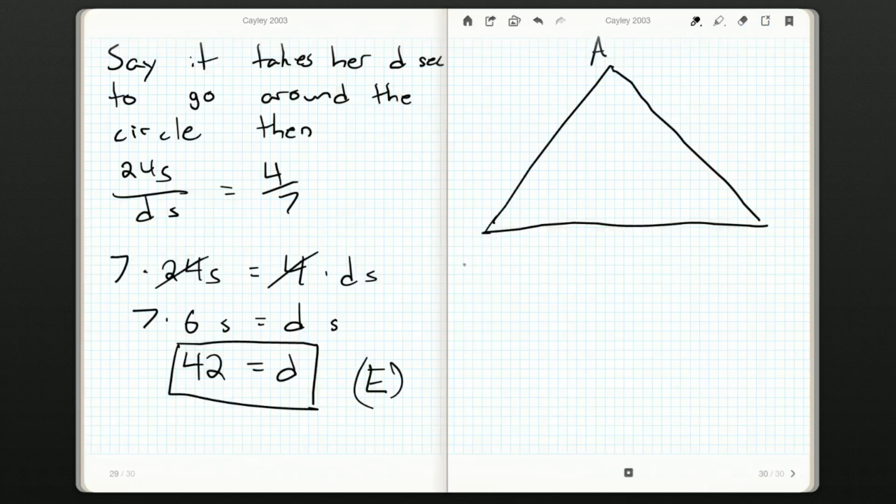So we have A up here, we have BC, and I know that that is 30. And then we have this square in here, which on mine looks a little more like a rectangle, but as long as the picture makes sense to you and you understand what's going on, that's fine. So we're even going to label these as 12 and 12 and 12 and 12 just to make sure.